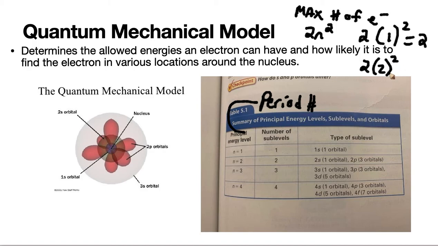So 2 squared is 4, 4 times 2 is 8. For n equals 3, we'd have 3 squared is 9, 9 times 2 is 18. And then if n equals 4, we would have 4 squared, 16, and 16 times 2 is 32.